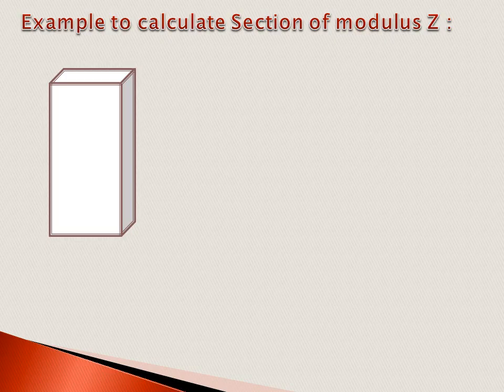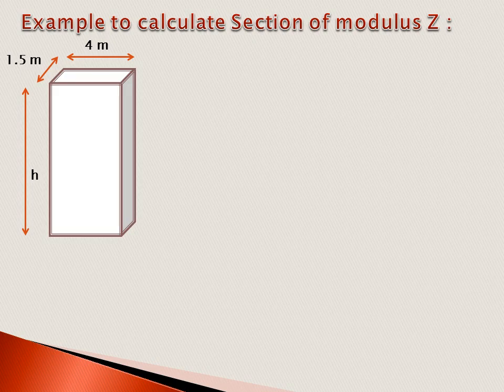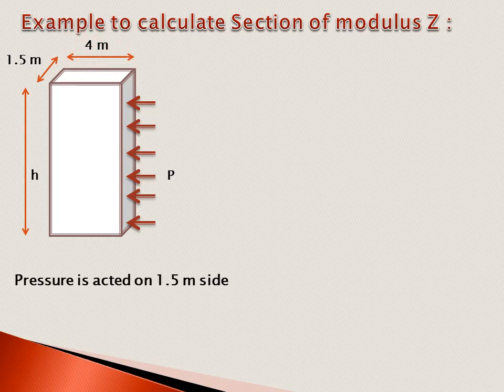Consider a wall having dimensions 1.5 meter by 4 meter and height h, and the pressure is acting on the 1.5 meter side. Therefore, we will take the cube or square of the 4 meter side.